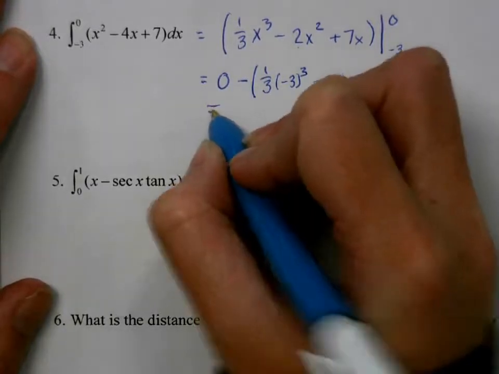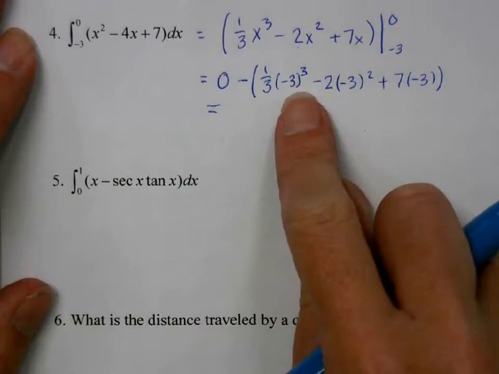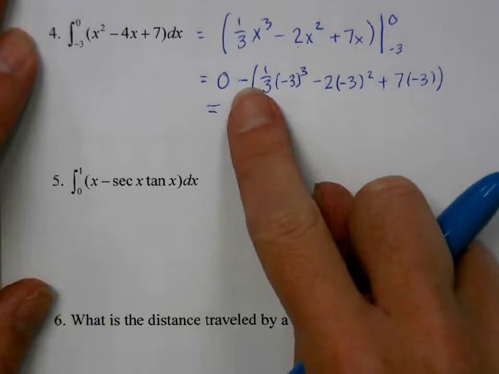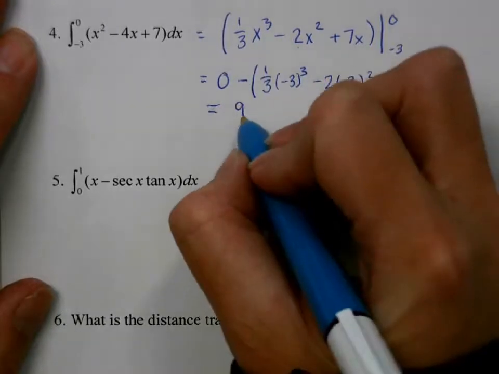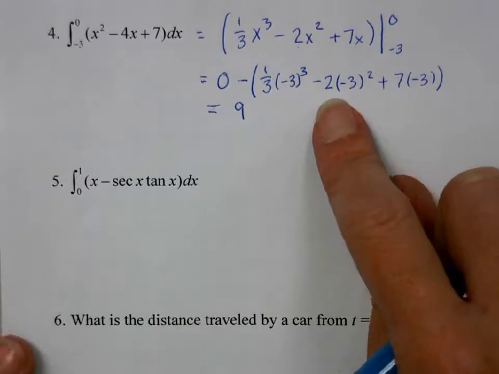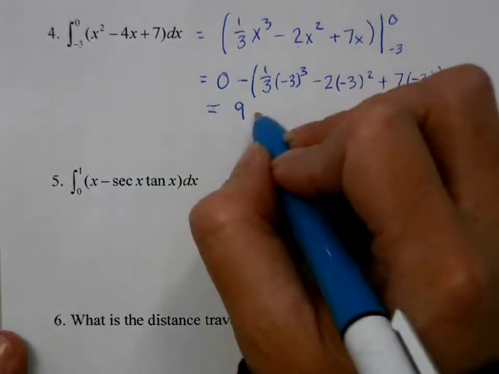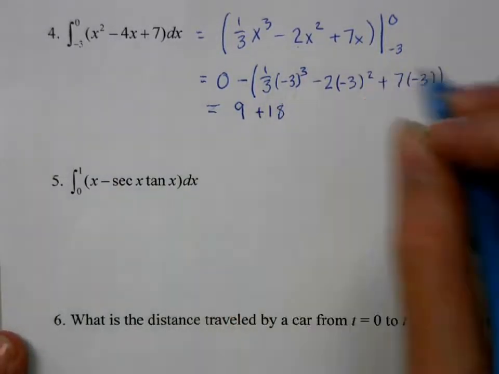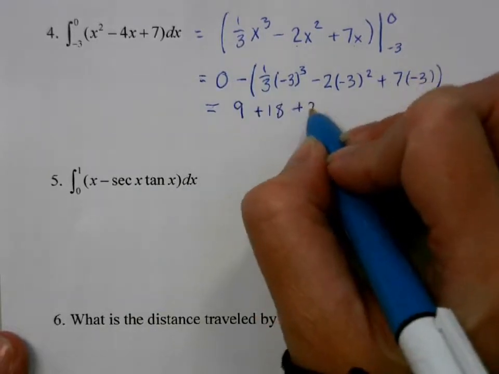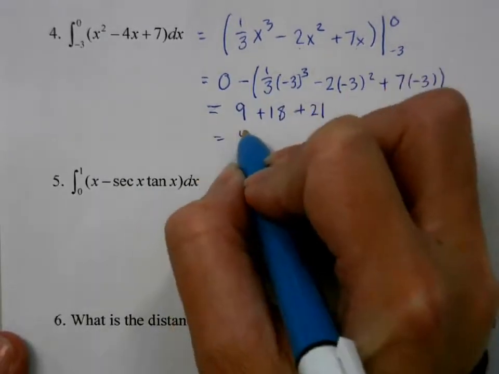These will be negative 27 divided by 3 would be negative 9, but they're all going to become opposite. So we're going to have 9. This would be 9 times 2 is 18. And then negative 21, but we're subtracting it. So this will be 48.